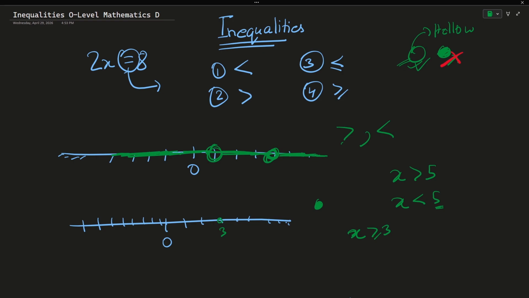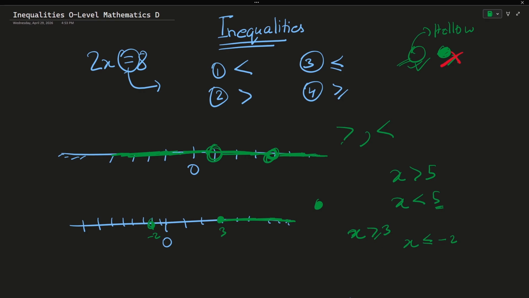So first of all, you will have to mark the point 3 with a dot, not really a circle, and it should not be hollow, it should be entirely filled. And then as it said that all the possible values of x will be greater than 3, you will just shade the right side of the number line. And then if you are told to show x is less than or equal to minus 2, minus 2 could be here, minus 2.